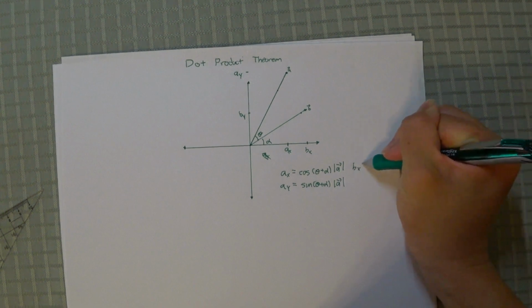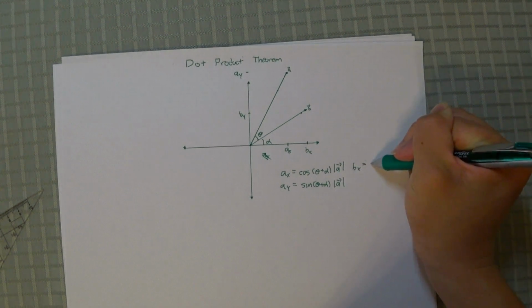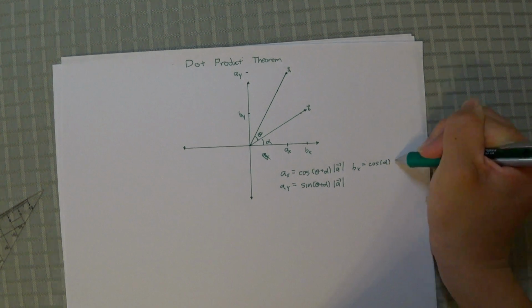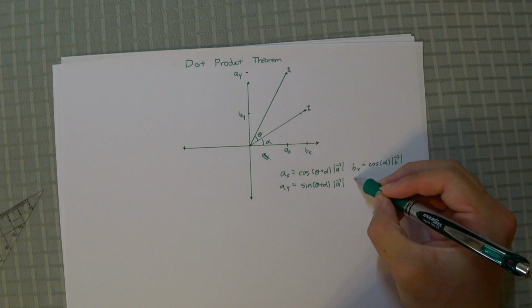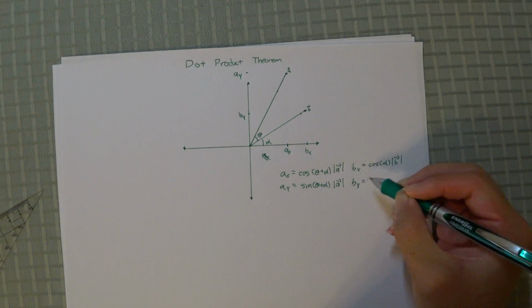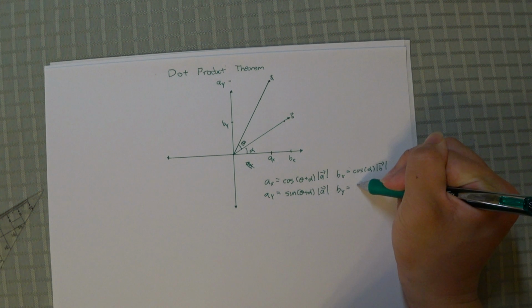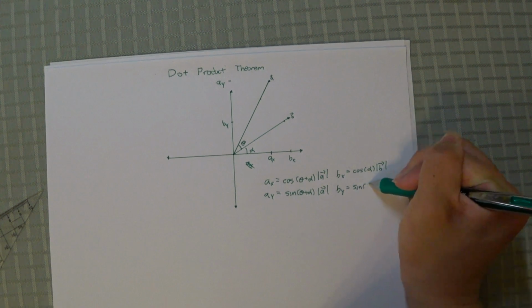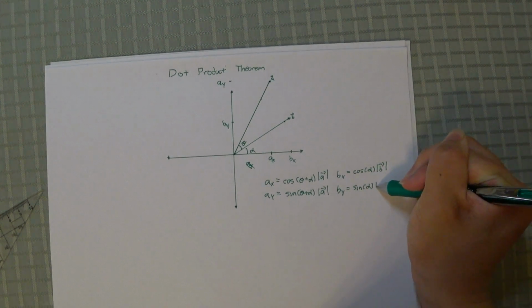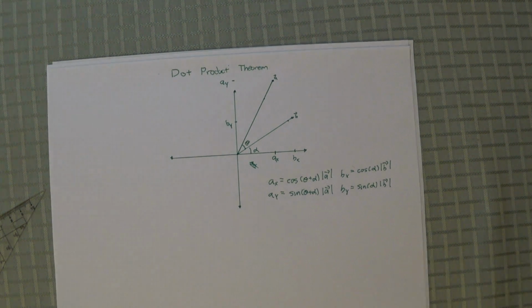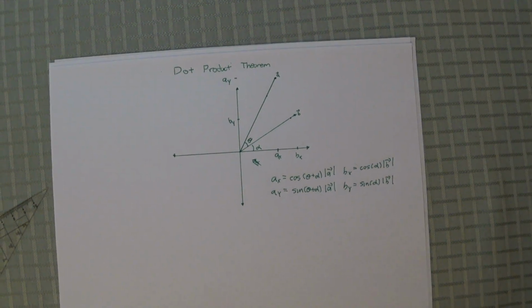BX is just equal to cosine of alpha times the magnitude of vector B. And then BY is equal to sine alpha times the magnitude of vector B. So we essentially just do the same thing.